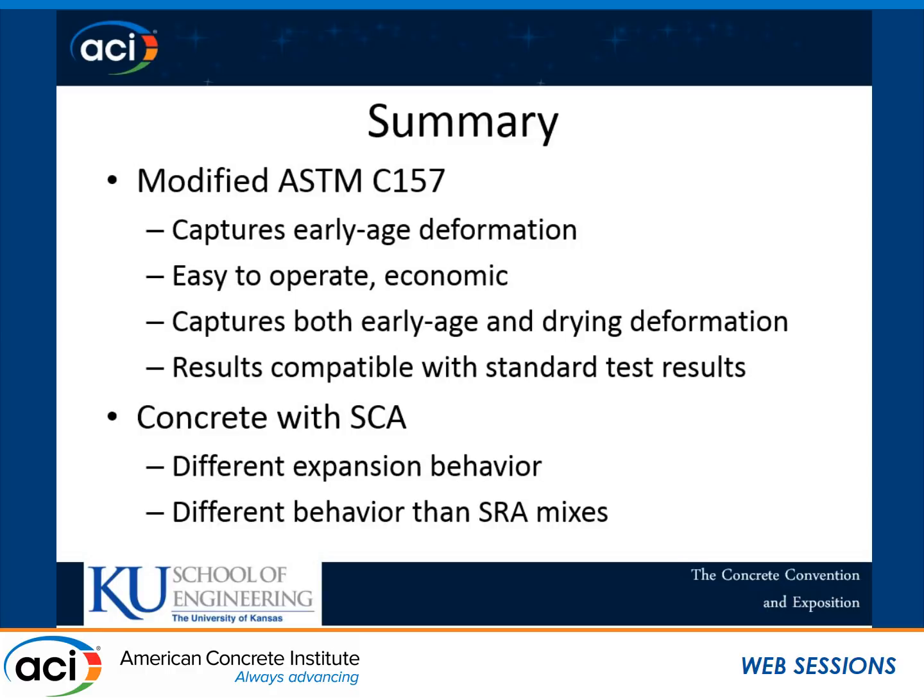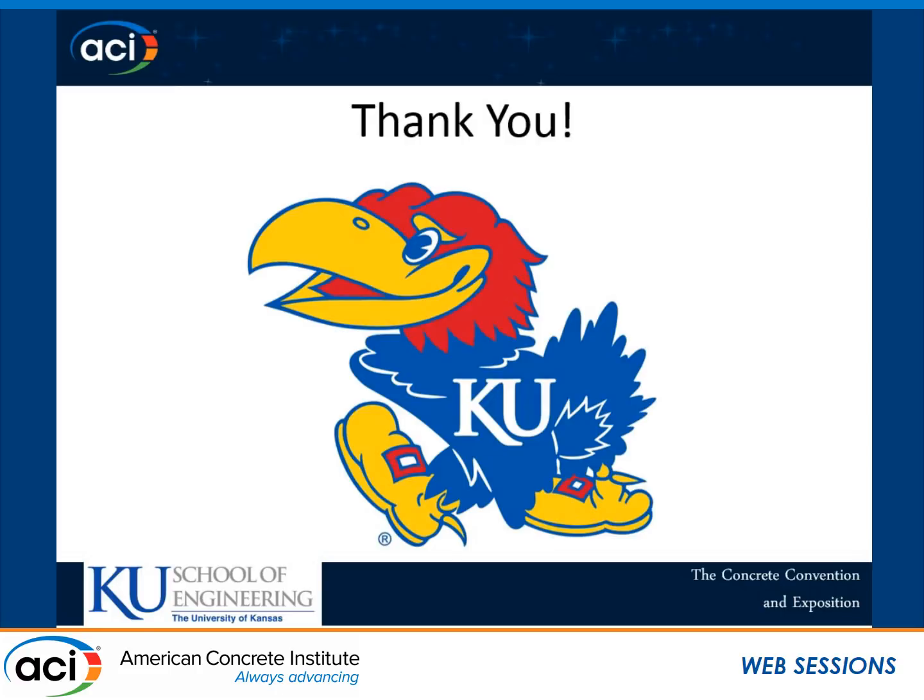As a case study, we explored the behavior of shrinkage-compensating admixture. There are two types of them: the magnesium oxide-based SCA had a more steady expansion, whereas the expansion of the calcium oxide-based SCA was more rapid. We also distinguished between the behavior of mixtures containing SRA and SCA. With that, I'm open to questions.